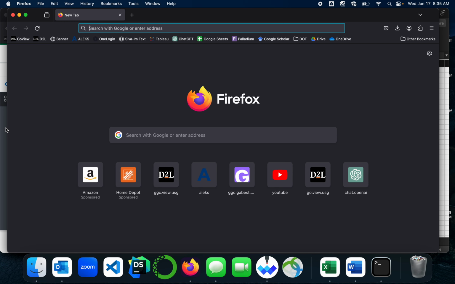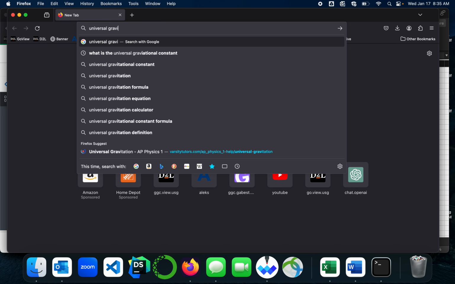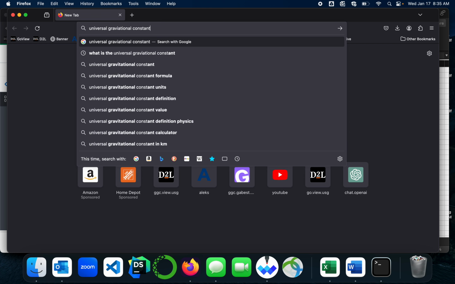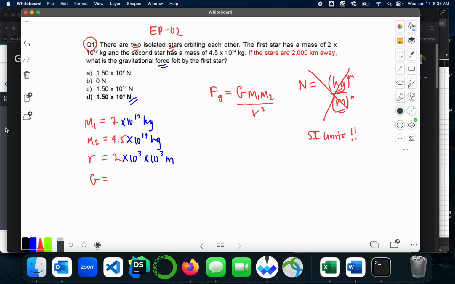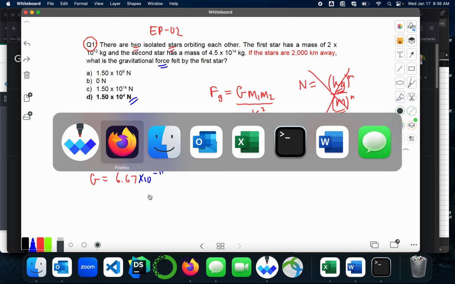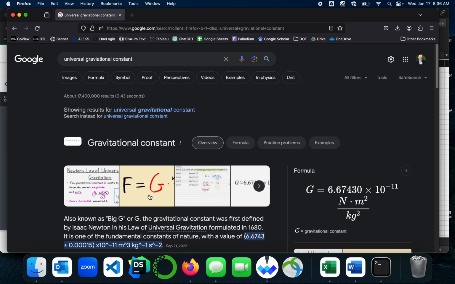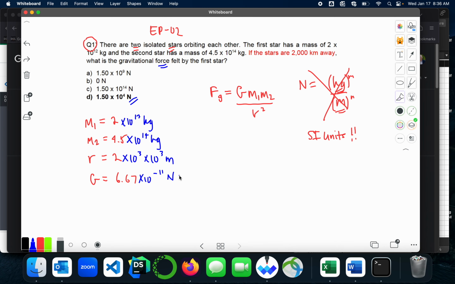G is 6.67 times 10 to the minus 11, and the units are Newton meters squared over kilograms squared.